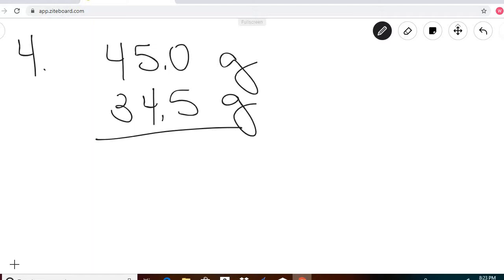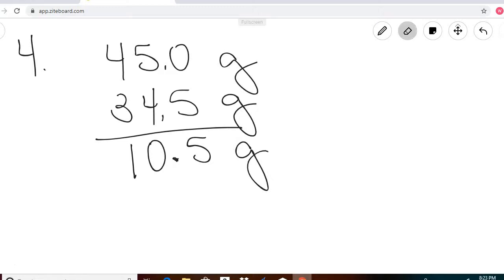So the mass that she started with was 45, and she collects 34.5. So she failed to collect 10.5 grams of one or more chemicals.